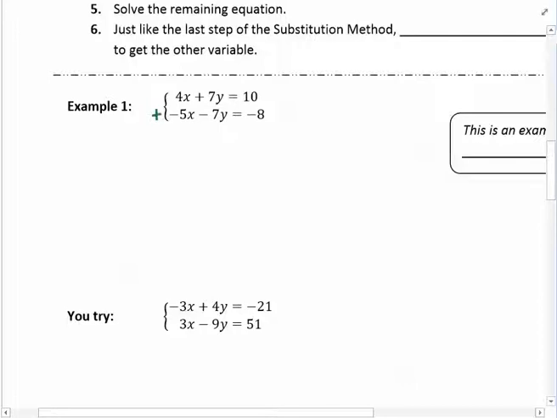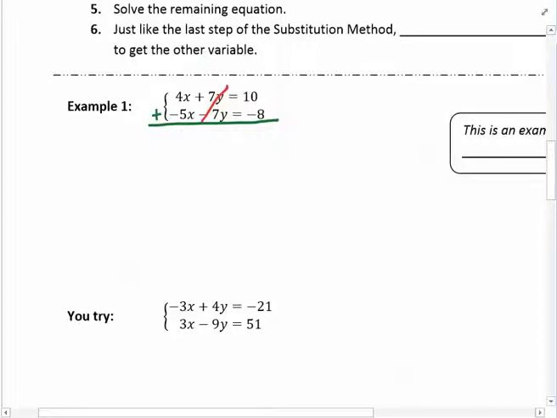We can add downward, and that's why we want them lined up like this, so that we can add like terms together. And specifically, if you look right here, we have a positive 7y and a negative 7y. And we know when we add those, they cancel. That's the process of eliminating a variable.